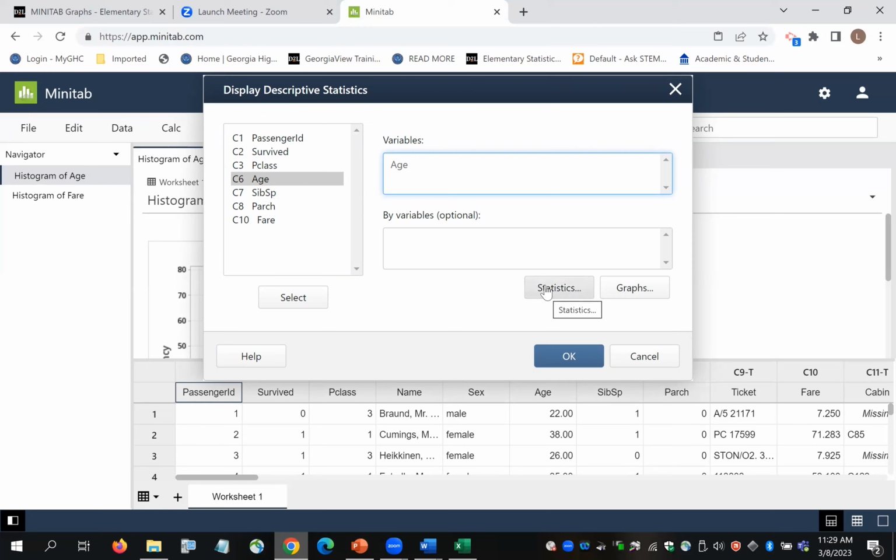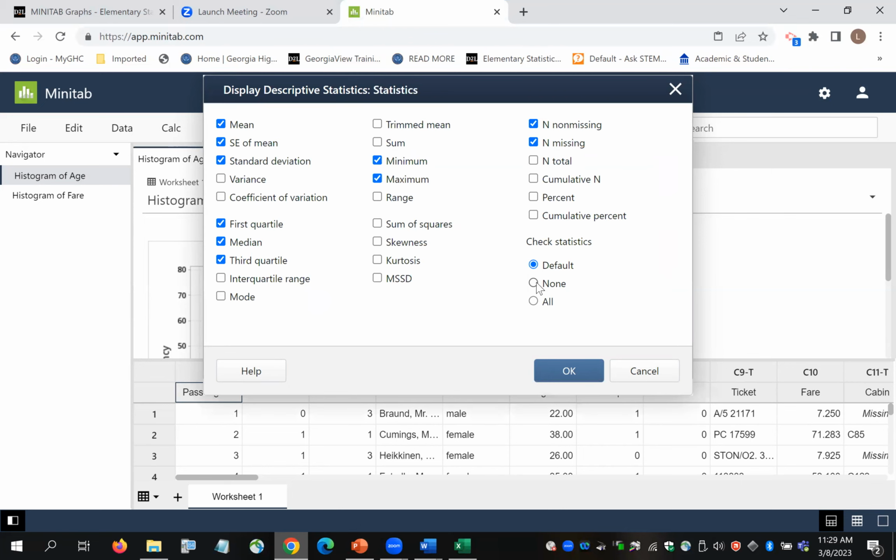Okay. Then we're going to use this button that says Statistics. I want to tell Minitab all the things I want it to calculate. Some things it calculates by default. I'm going to check them all and then I'll read through them and you can make notes. You don't have to memorize this list. The list will be in the question, on the test paper, on the project. It'll tell you what you need to calculate.